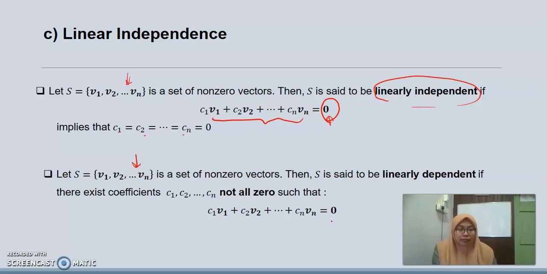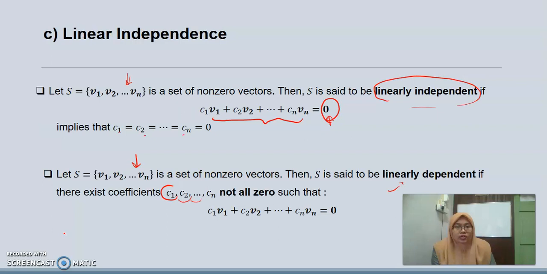So for linearly dependent, there exist values of the coefficients that are not 0. If the coefficients are not all 0, we can conclude that set S is linearly dependent.